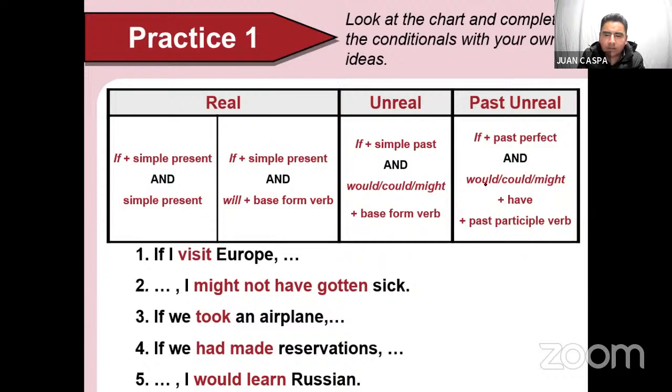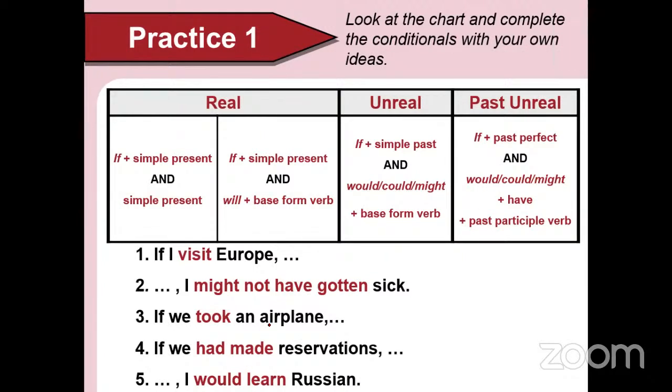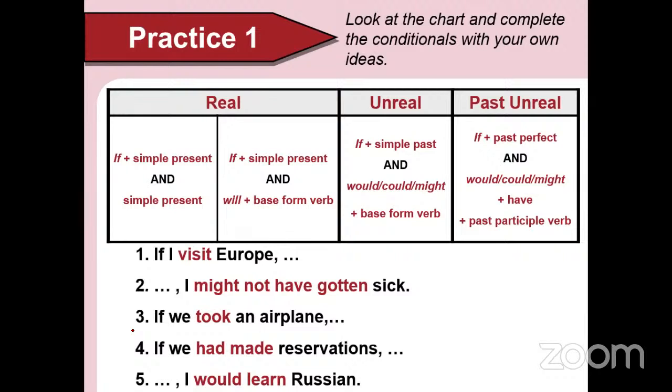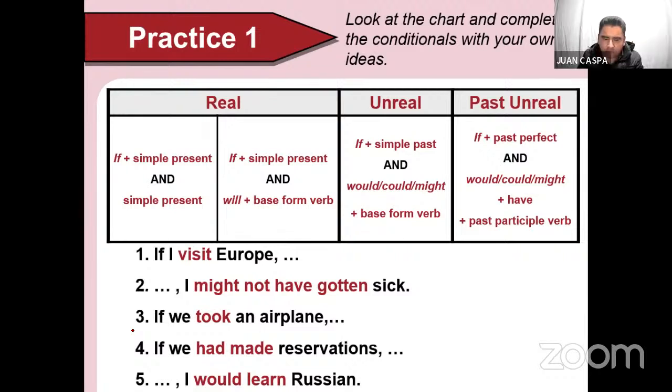We could have lunch, something like that. If we had made reservations, we could have traveled, or I don't know. Okay, number five, Ernesto. If I go to Russia, I would learn Russian. Yes, I will learn Russian.